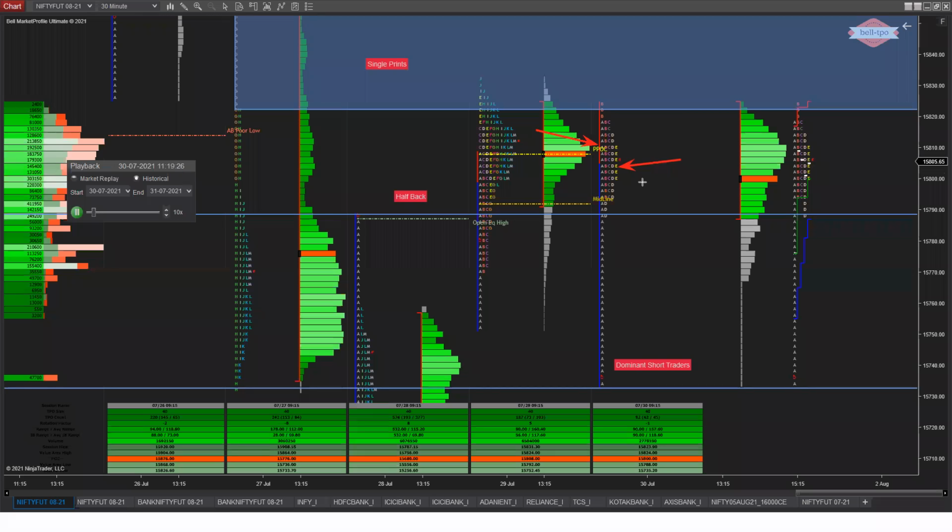That is more liquidity getting supplied around the prominent point of control, meaning more traders are crowded around it. More trades are likely to happen around it. I mean yesterday's prominent point of control. A lot of traders are coming and pushing the price up, but still the momentum is on the positive side.